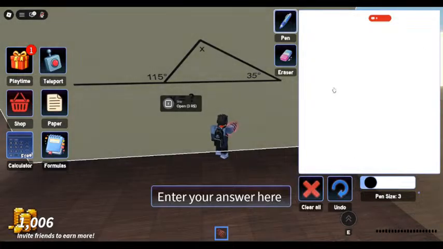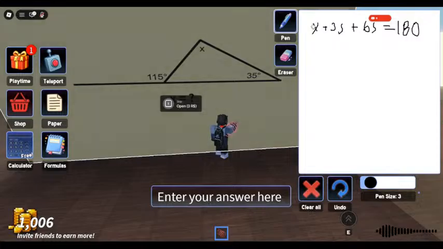Now that we know this, we will have x plus 35 plus what's this again? I forgot. Okay, I'm sorry, it's already overnight. Okay, 65. So x plus 35 plus 65 is equal to 180.